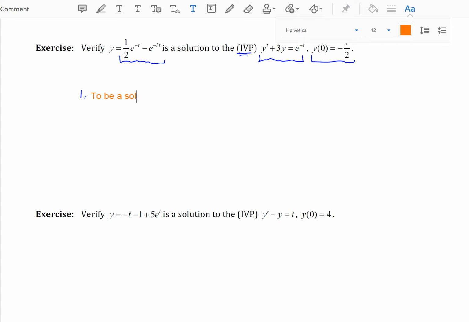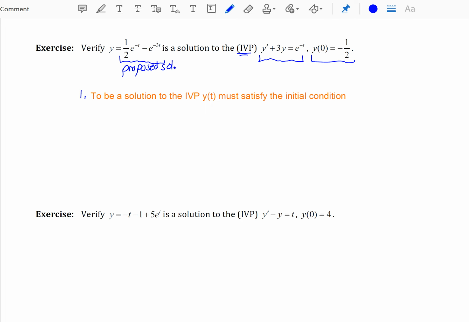To be a solution to the IVP, y of t must satisfy the initial condition. So let's evaluate our proposed solution at 0.